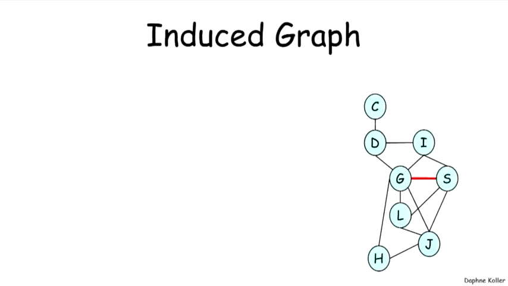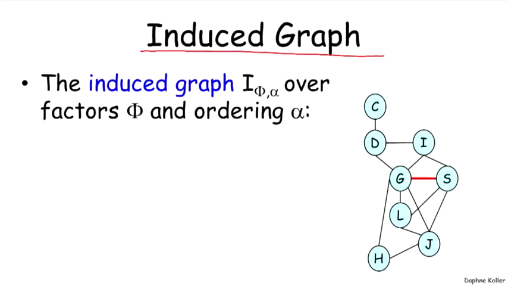So we can now take and put all of these edges that we ended up using together in a single graph, and that graph is called the induced graph. And the induced graph, which is denoted I for induced, phi comma alpha, over a set of factors phi, and induced by particular ordering alpha, because you remember that we were getting different complexities and we're going to have different fill edges depending on the order in which variables are eliminated.